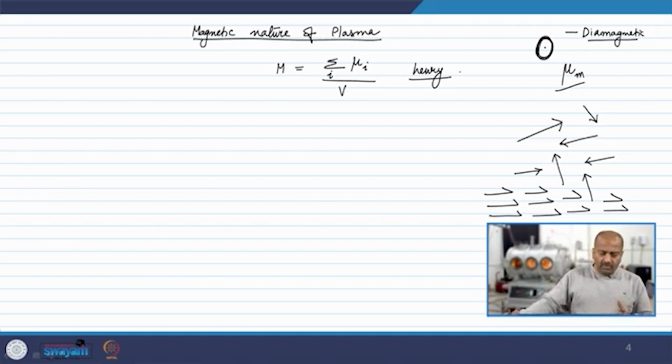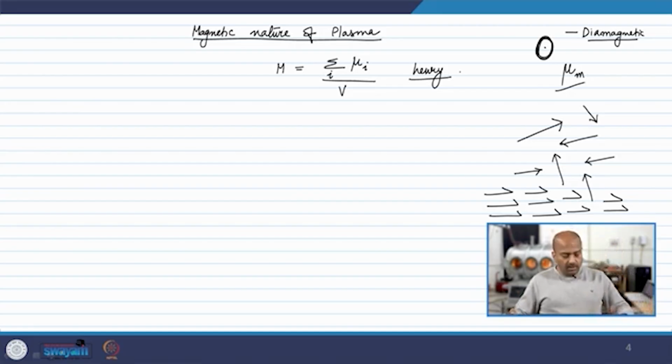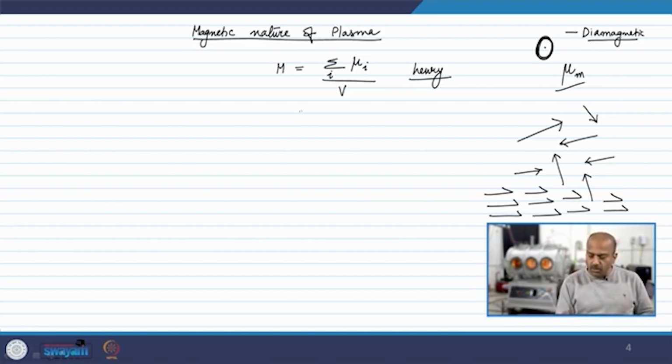So, in the absence of any free currents or free current densities, we can assume the total current density to be, let us say, Jb. The bound current density is del cross M, this is standard, right.